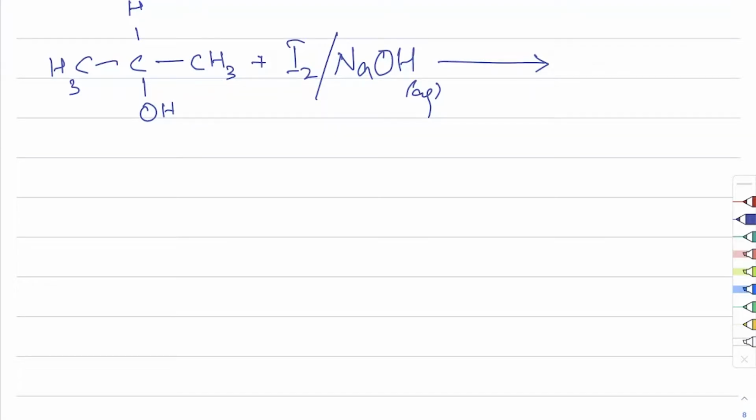So we should get iodoform, which is triiodomethane, plus, so this is oxidized, this is taken out. So I'm going to get C with CH3, this thing with oxide and sodium ion. That's what we'll get.